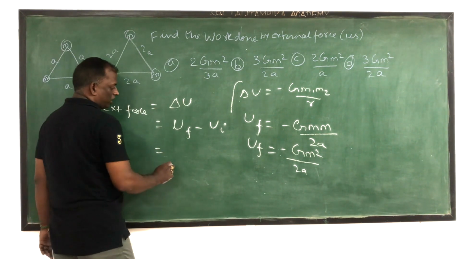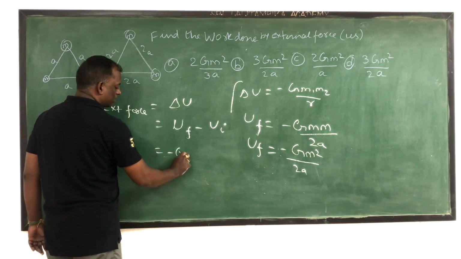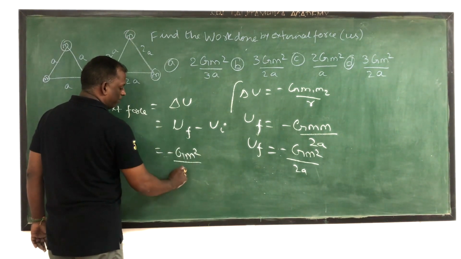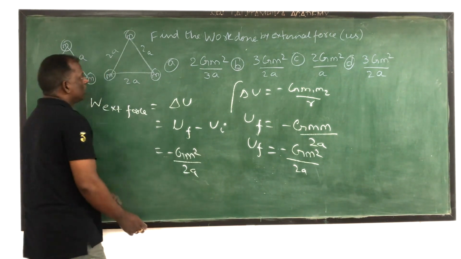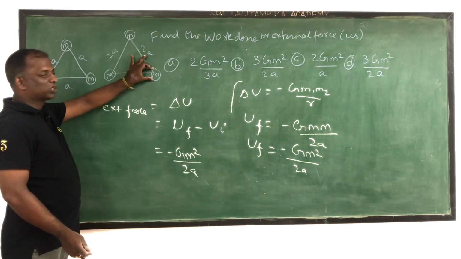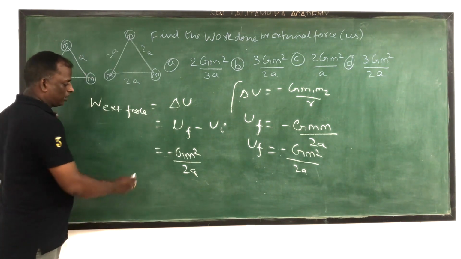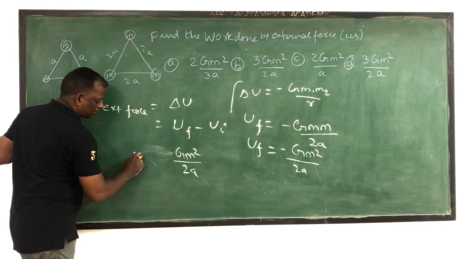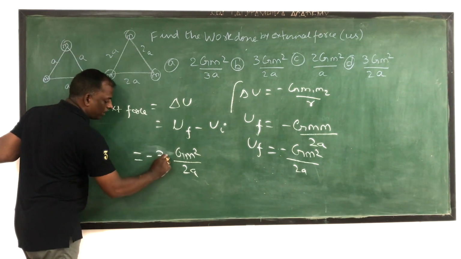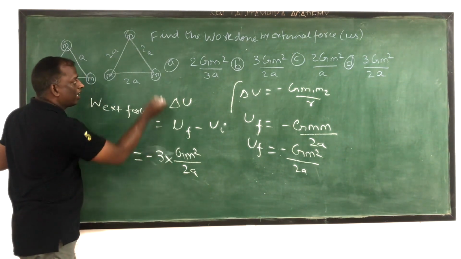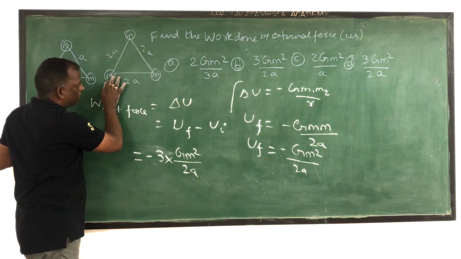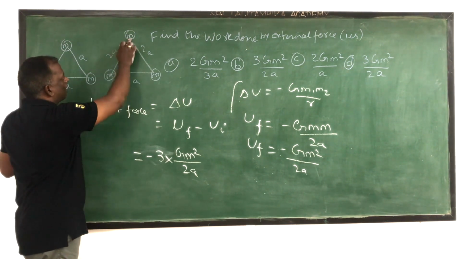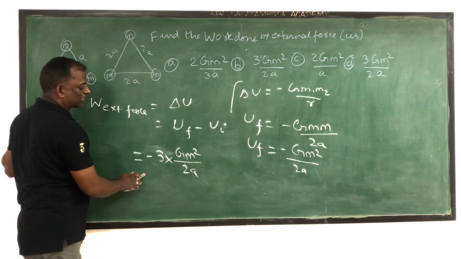So Uf is equal to minus G m square by 2a. இது இந்த மாஸ்க்கு, அதுவே மூணு மாஸ் இருக்குது, so I can write it as minus 3 into G m square by 2a.